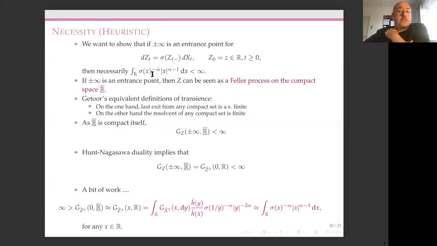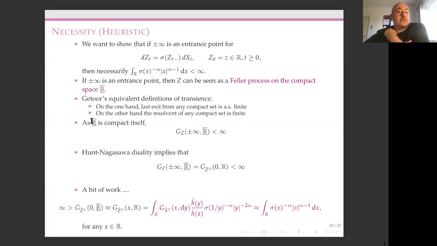Well, if Z dagger, the process until it first hits the origin, starts at plus minus infinity and enters, no problem, it's Feller, it works its way all the way down to absorption at 0, then that sounds pretty transient to me, okay?